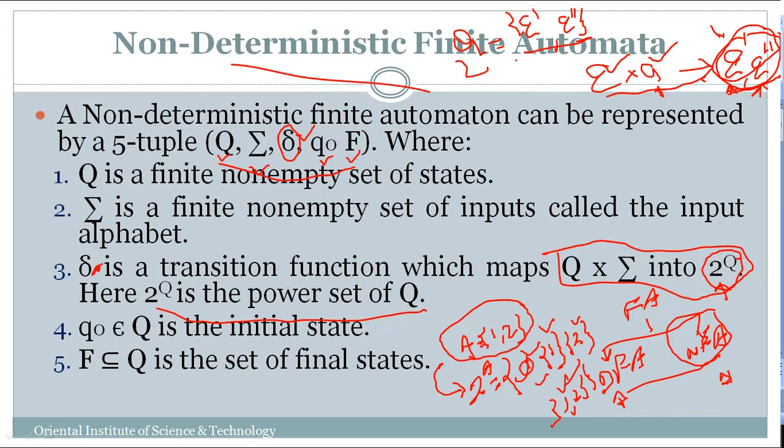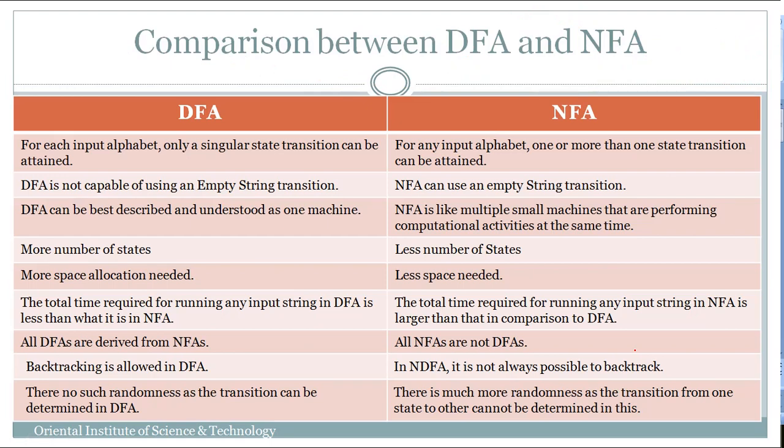So the definition is slightly changed here, and the only difference is the mapping function. Otherwise there is no difference between these two. Now some comparisons between DFA and NFA. For each input alphabet, only a single state transition can be made in DFA, but in NFA there is more than one transition on a particular input.